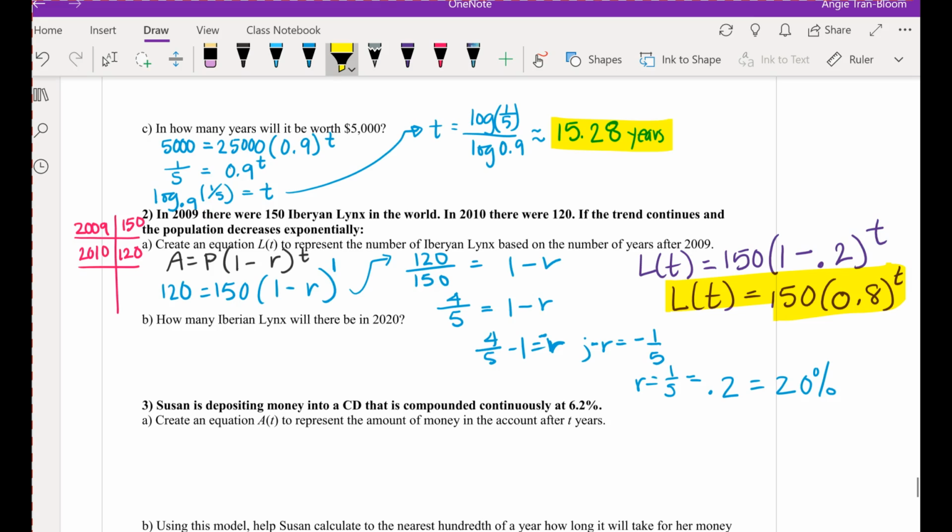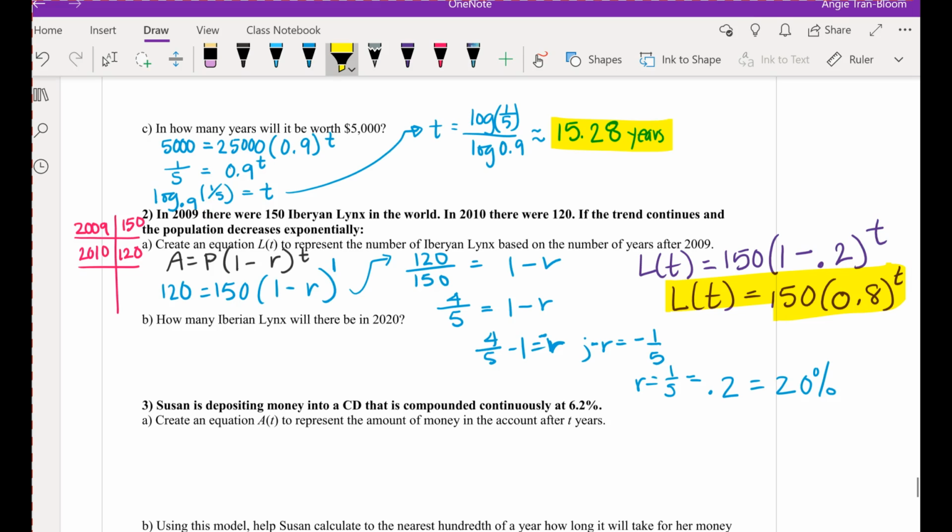Part B, can you help me read part B, please? This one goes to Amina. All right. How do we calculate that? Do we plug in 2020 for time? No. What do we plug in?